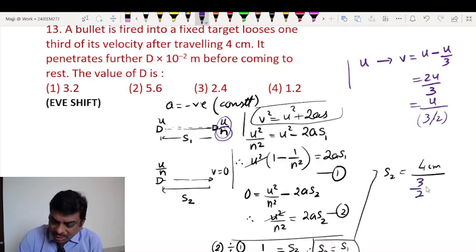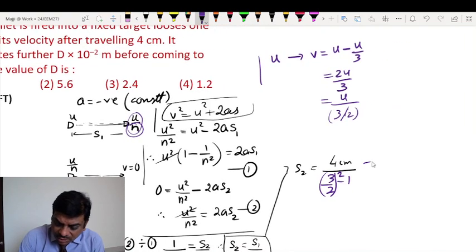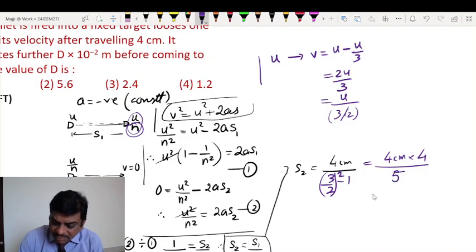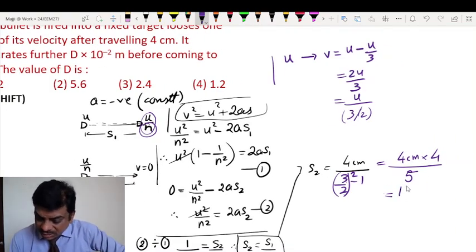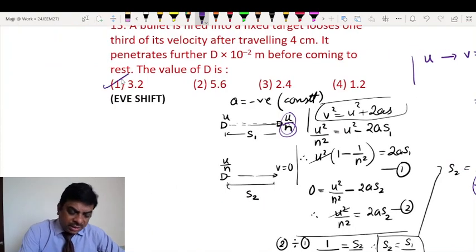So this will be 3 by 2 whole square minus 1, which is equal to 4 cm into 4 by 9 minus 1, that is 9 minus 4, that is 5. Okay, students. So this is 16 by 5, that is 3.2 cm. So 3.2 cm is the correct answer.